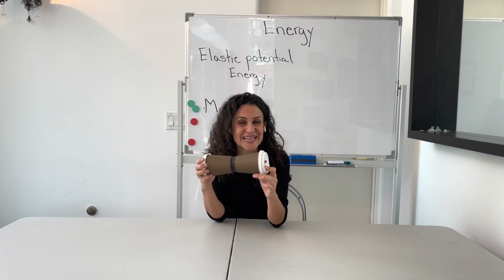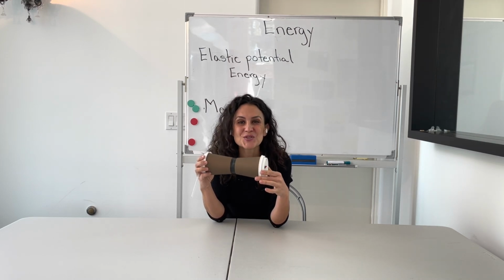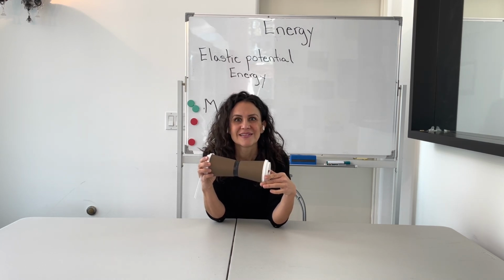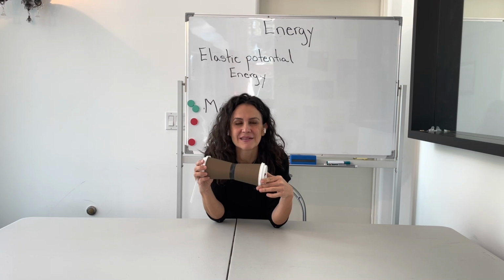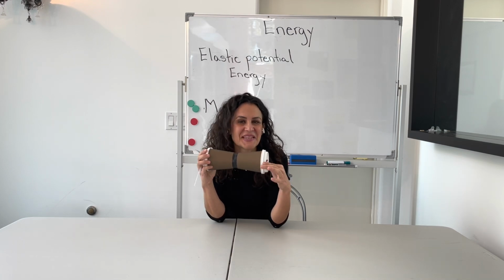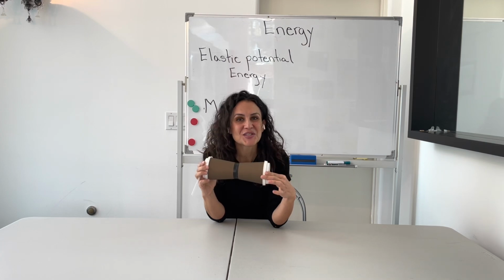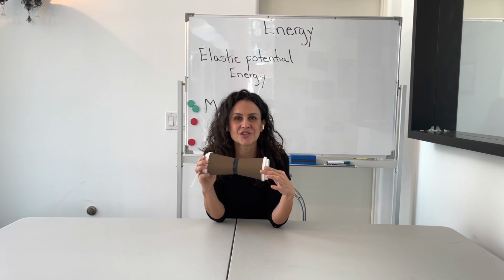Rubber bands are elastic. Can we store potential energy in something elastic? Think about it. How can you make this move? How can we turn potential elastic energy into mechanical energy?